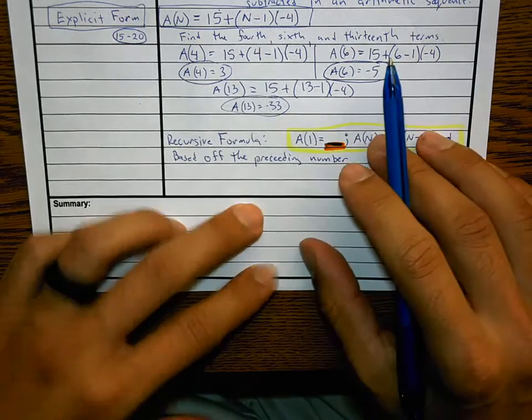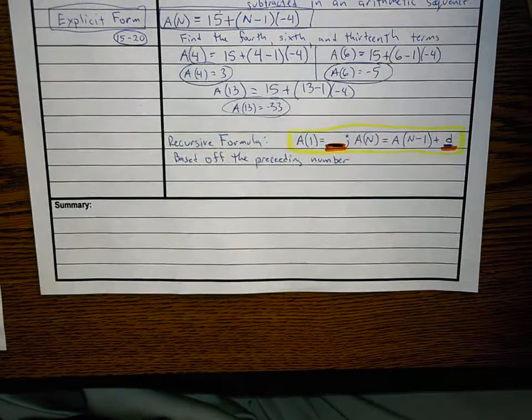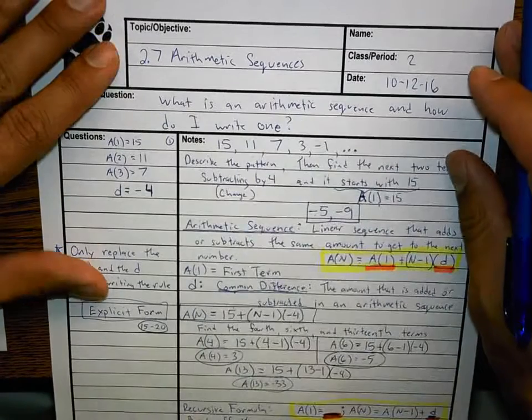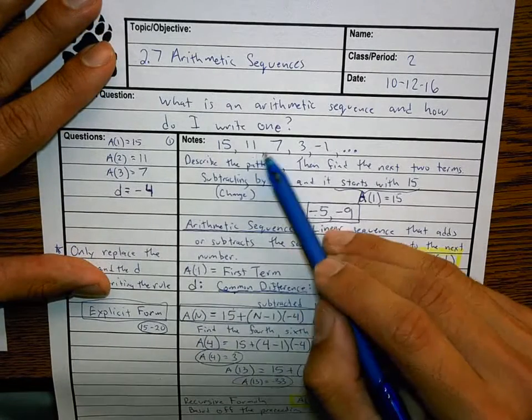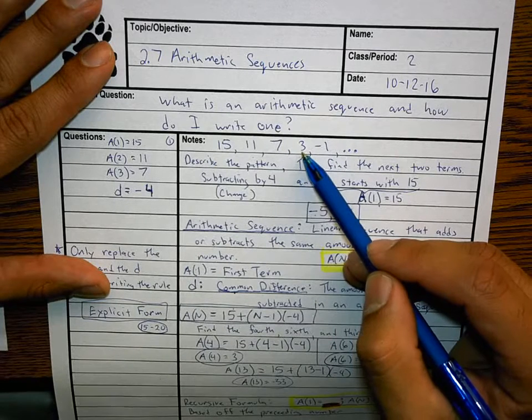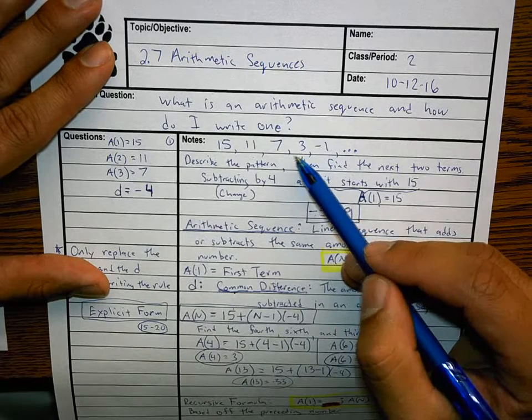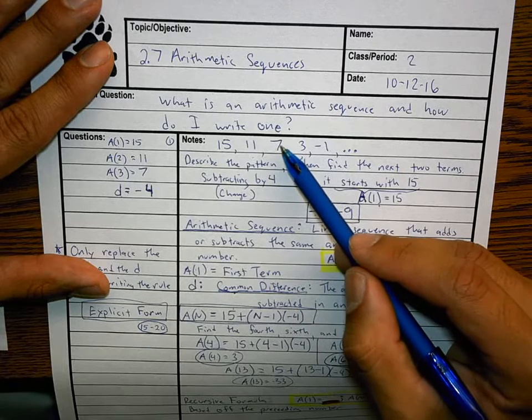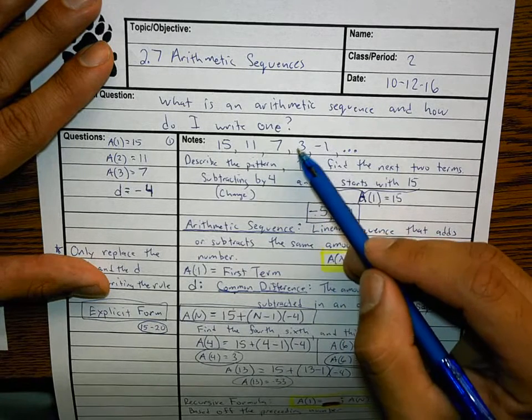What you did at the very, very beginning of this set of notes, you knew what the number was going to be, the next number, right? How did you know the next number was going to be 3? You just had to look and see that you were subtracting 4. So what you're doing is taking this number, and to find the next number, you subtract 4 from it.